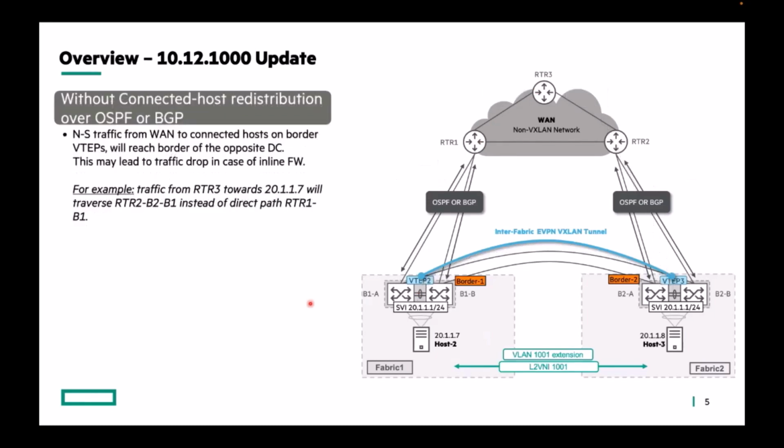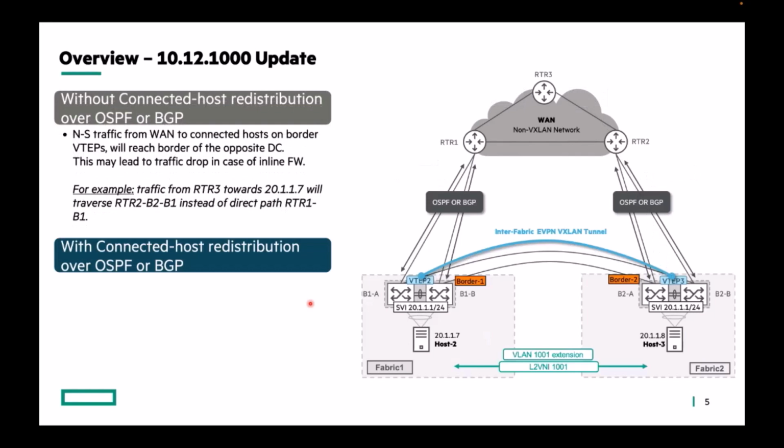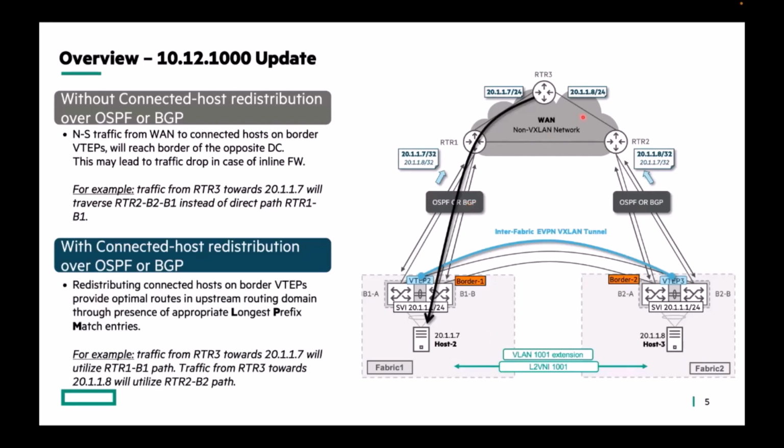With the new feature which we have, connected host redistribution over OSPF or BGP, we are ensuring that redistributing connected hosts on border VTEPs provides optimal routes in the upstream routing domain through the presence of appropriate longest prefix match entries, which is what we want, and that is how it's supposed to be.